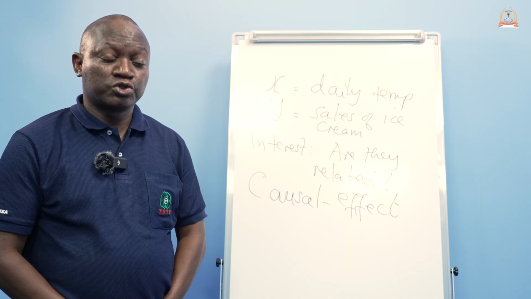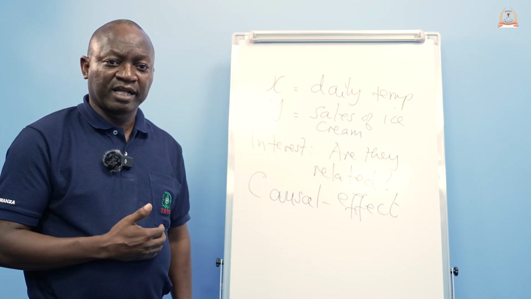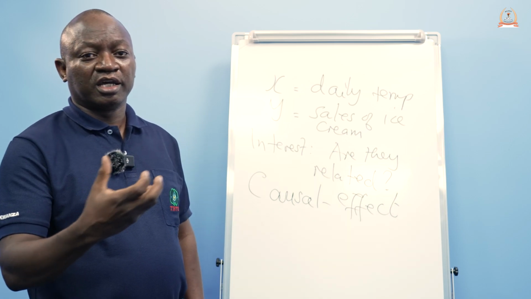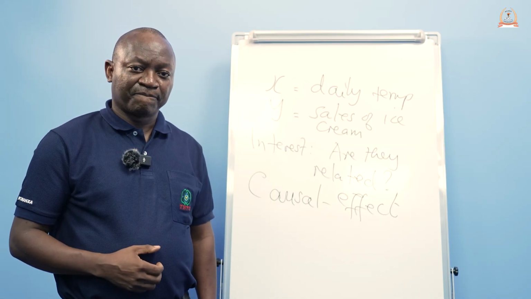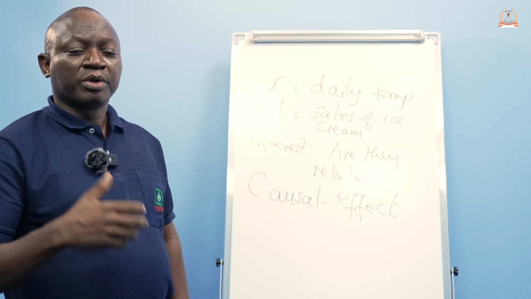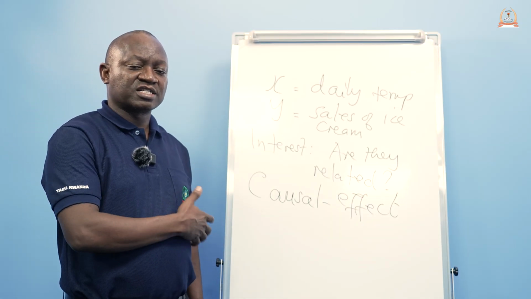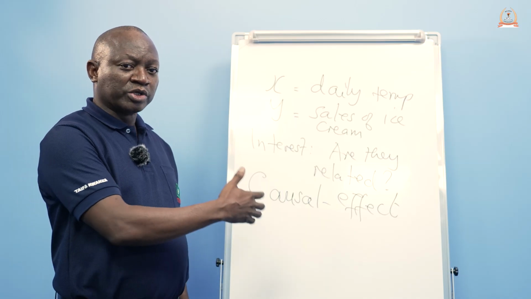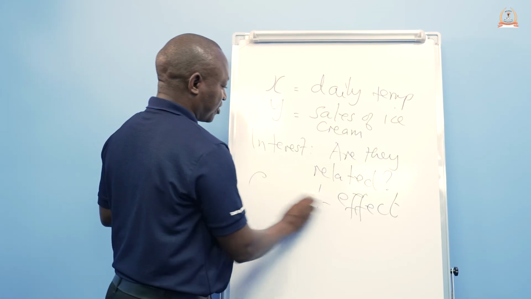Having assumed that one variable is related to another, that's where you can proceed with the correlation analysis. But before we proceed further, given this causality assumption, we should label these two variables.